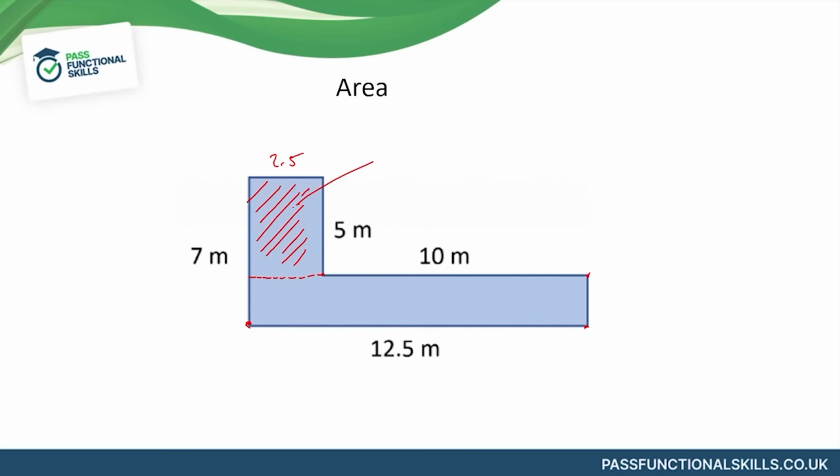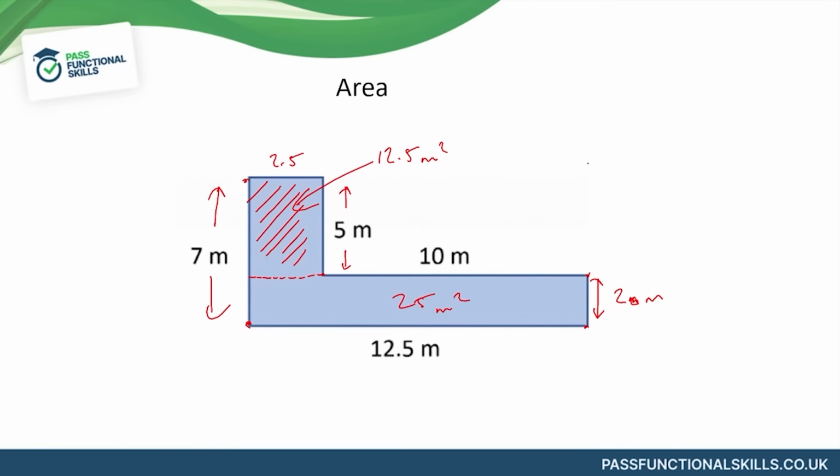So this area here is 12.5 square metres, and what we need to do now is just work out the area of this rectangle here. Well, it's 12.5 along the bottom, we just need to work out this side length here. Well, we know it's 7 metres from top to bottom and 5 metres from here to here, and so therefore 7 take away 5 is 2, so this is, it's not centimetres, it's metres, and 2 times 12.5 is 25 square metres.